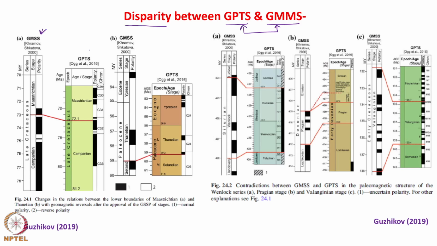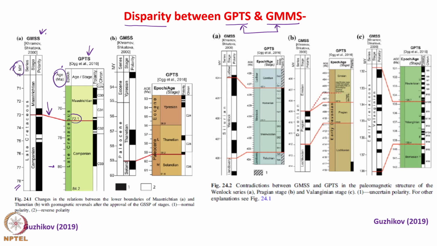We have taken a GMSS and GPTS, and this GMSS goes up to 78 million years till the present, 0 million years, whereas here at least from here it is 80 million years to 0 million years. Now, when this correlation has been made by someone and I compare with the absolute age, what do I observe?